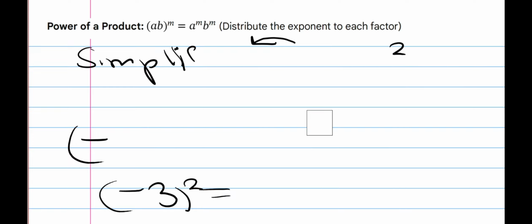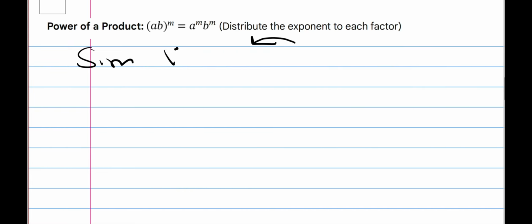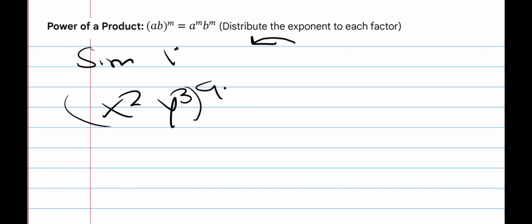And next, (x squared y cubed) to the power 4. Here, you just distribute it again. So remember the power of a power rule.